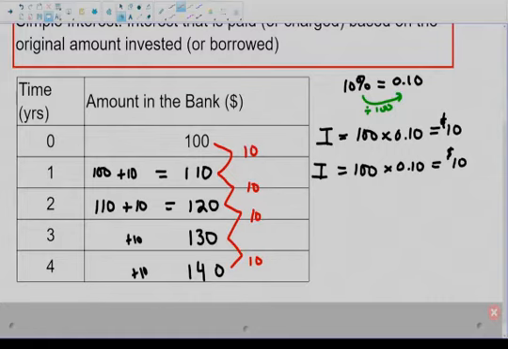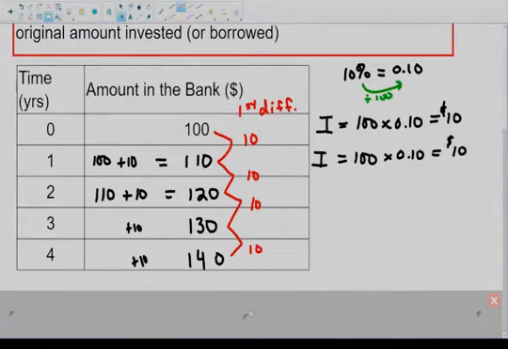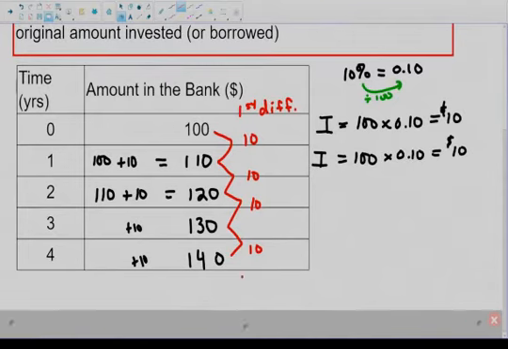And if our first differences are the same, what kind of relationship does that give us? From grade 9 and 10, when your first differences are the same, that means that the relationship is linear.